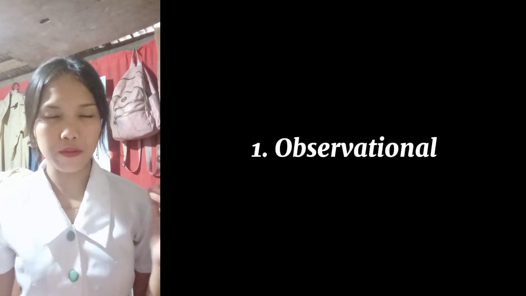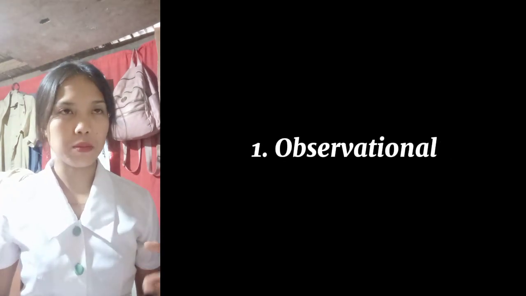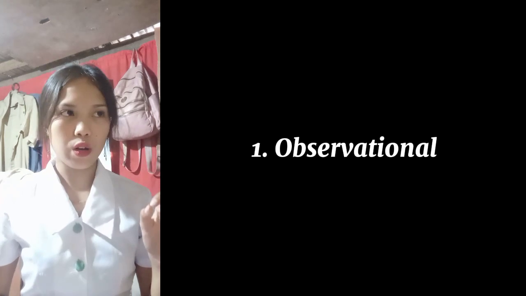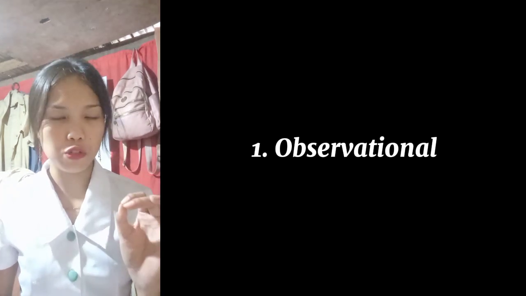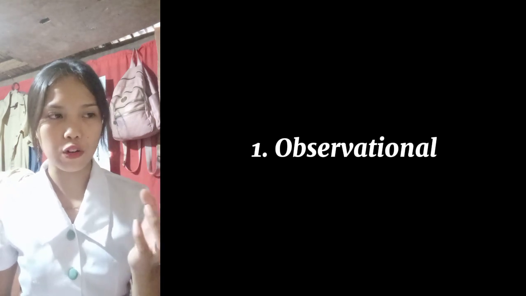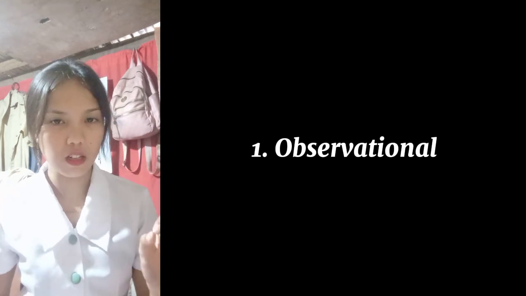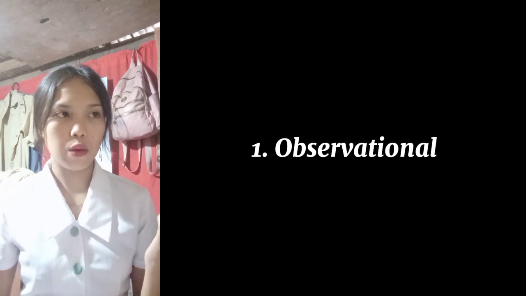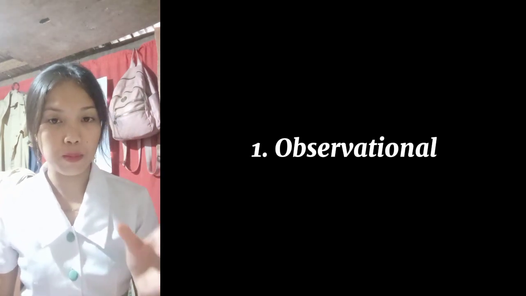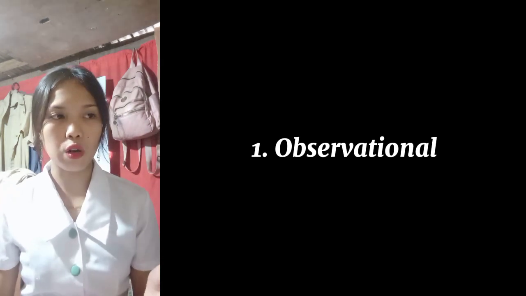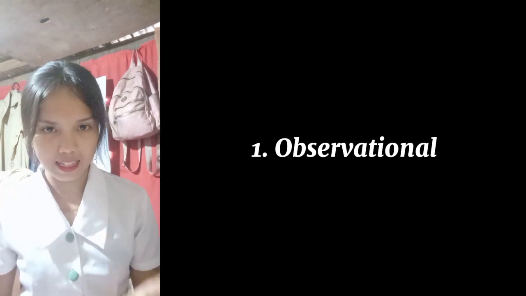First is the observational. From the word itself, observe. If the researchers are going to gather data through observation, they will observe their participants' behavior, how they behave in their natural settings.